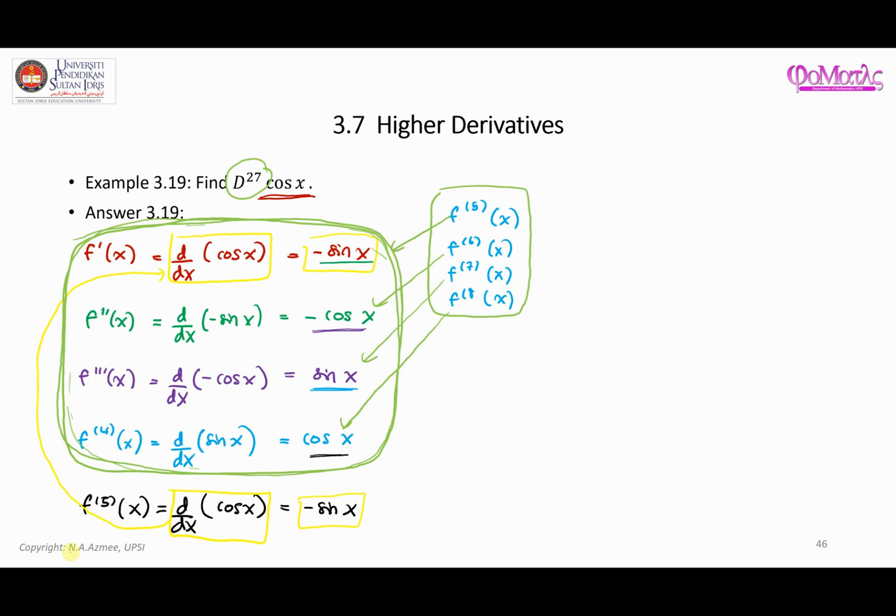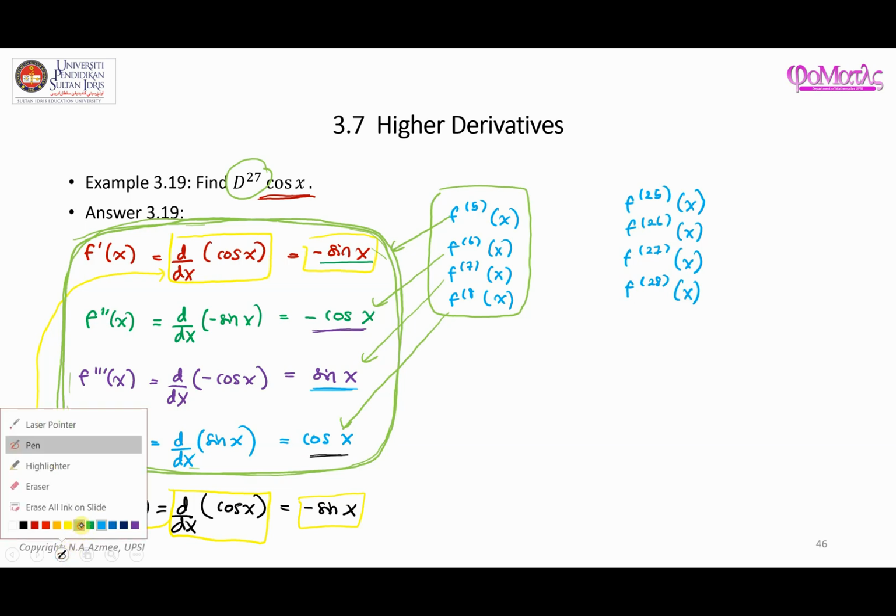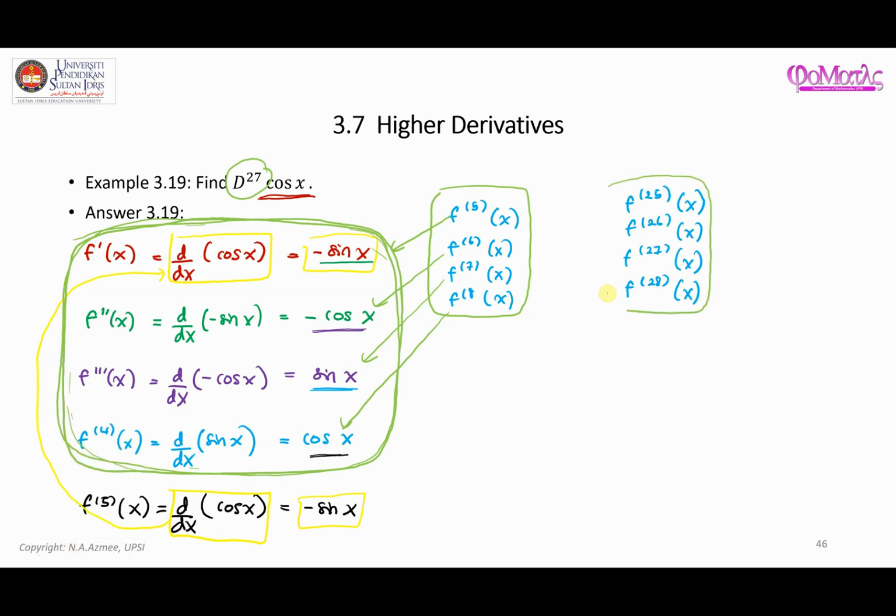Therefore, I'm sure you'll be able to process the whole thing, where you will see that for the 25th derivative, 26th derivative, 27th derivative, and the 28th derivative, this is the cycle that is associated with this cycle and this original cycle here.